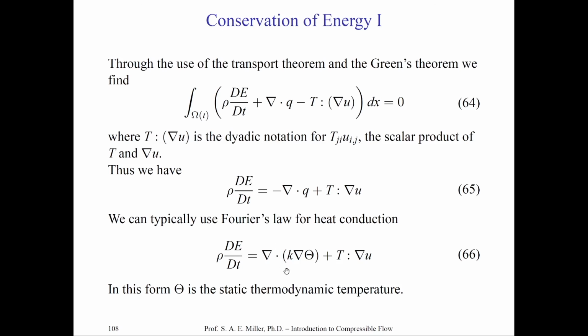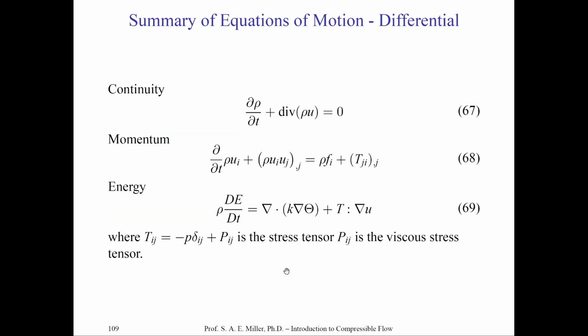And so we can write q as, of course, minus k nabla capital theta, which is the static thermodynamic temperature. Through Fourier's law, we are able to introduce static temperature into our equations of motion, which will be used throughout the class. But now you know how it appears in the energy equation and why it's so important in compressible flow.